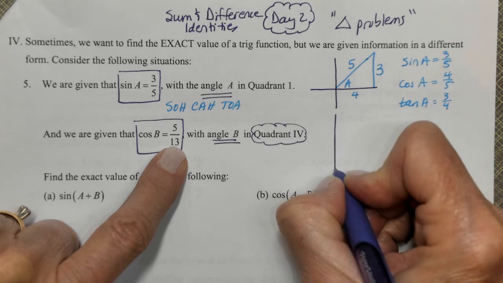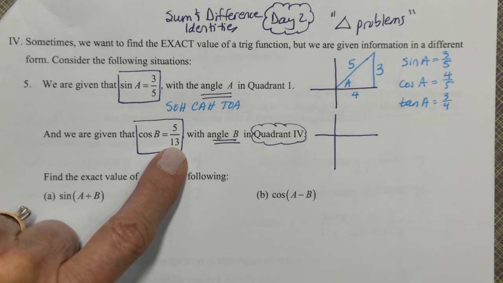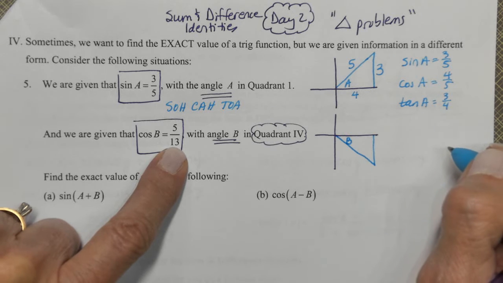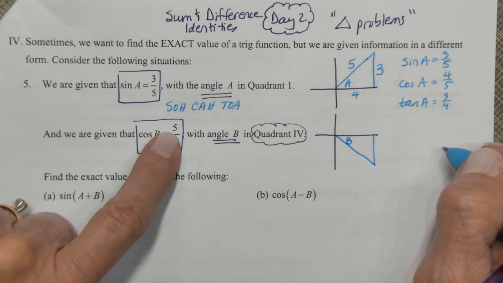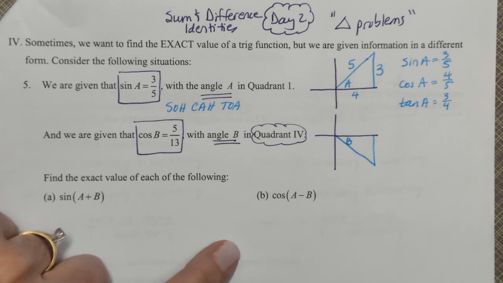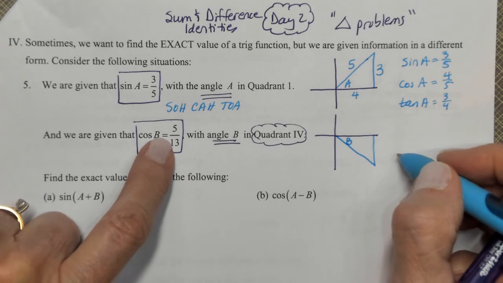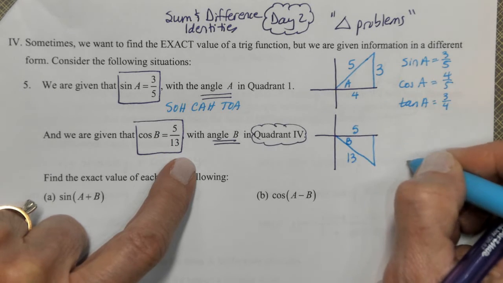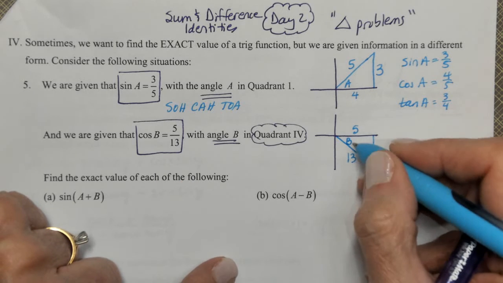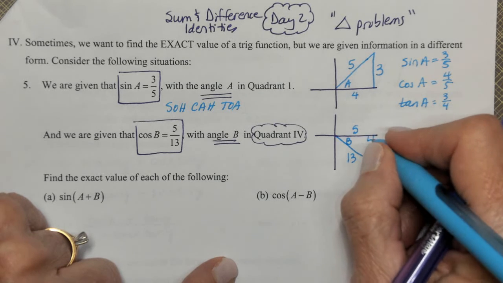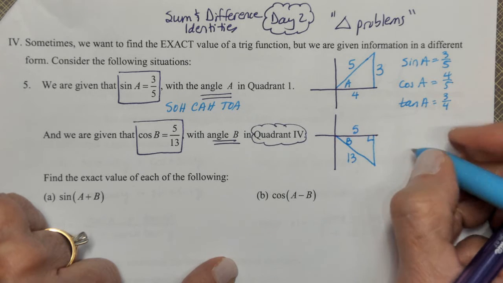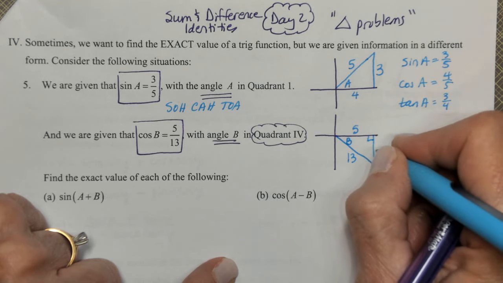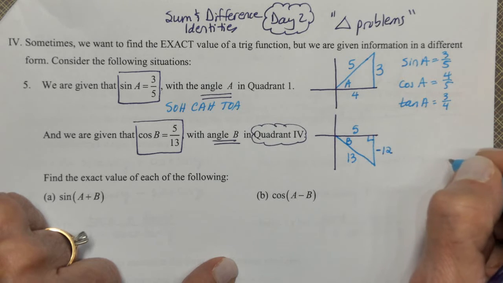If we draw a picture of that, down in quadrant 4, here's angle B. Cosine is adjacent over hypotenuse, so the ratio of the adjacent side to the hypotenuse is 5/13. I know a Pythagorean triple that completes this: 5, 12, 13. But since this side is going down into the 4th quadrant, I need to make that a -12. So don't forget to put your sign on that.